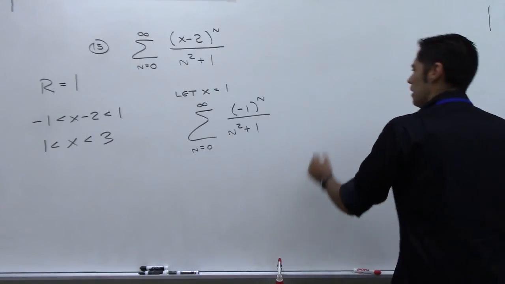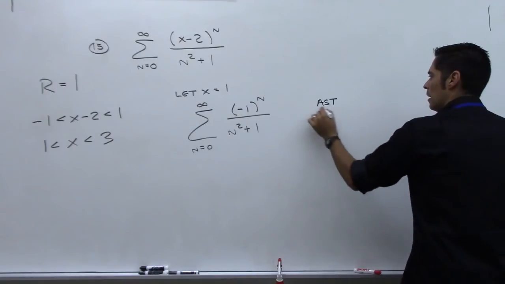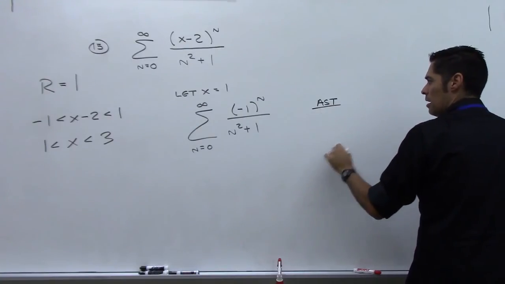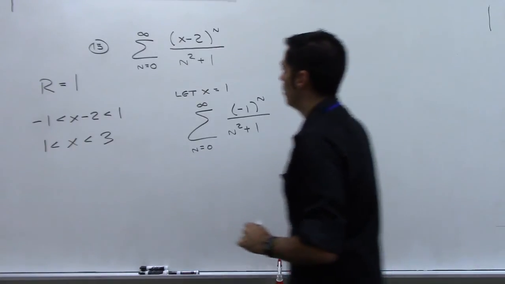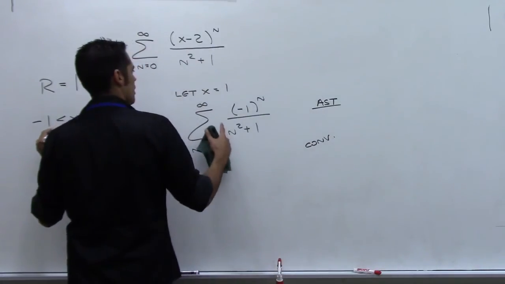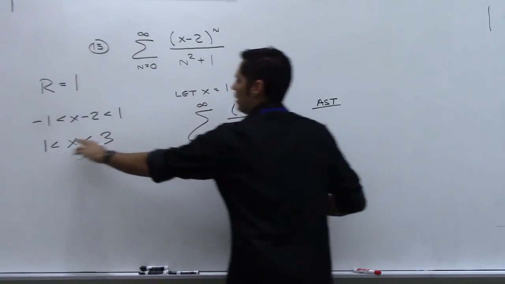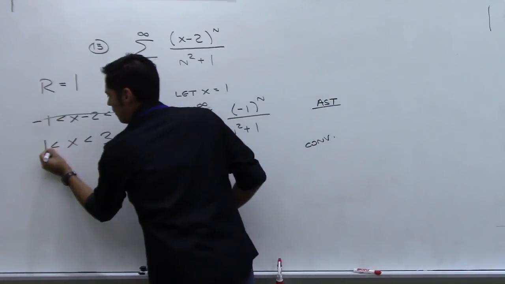This is an alternating series test problem, and it's pretty easy to show the two conditions. So this will converge. That means I do want to include the endpoint. What did I do? X was negative. No, x was 1. Sorry, I was looking at this. X was 1. So I do want to include that.